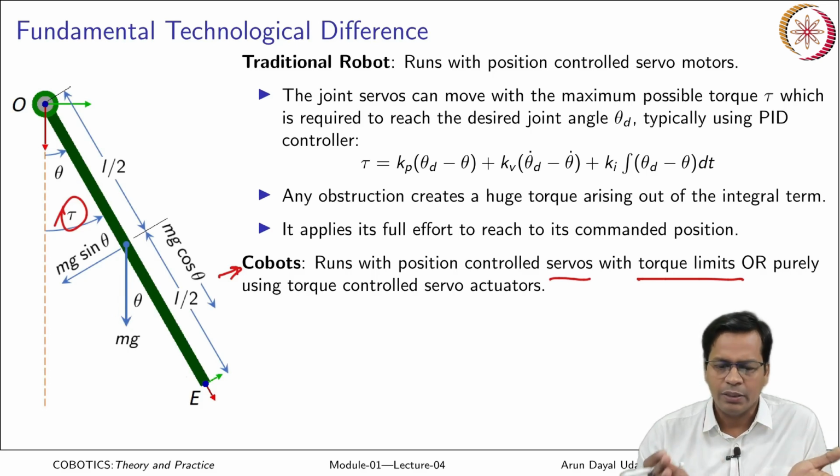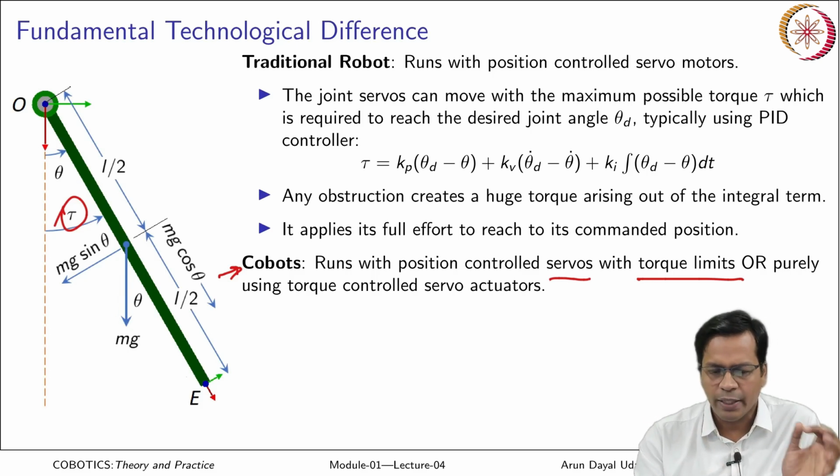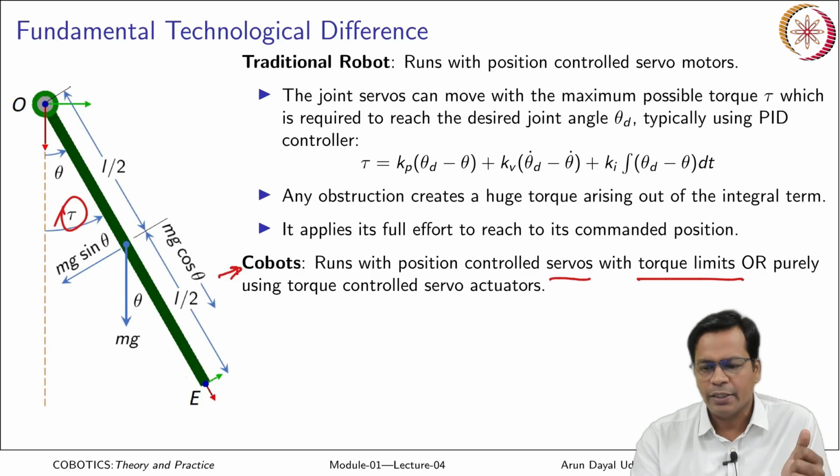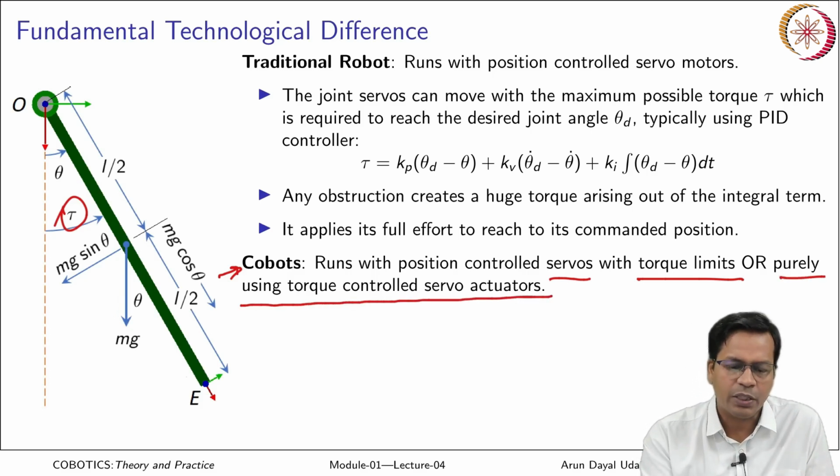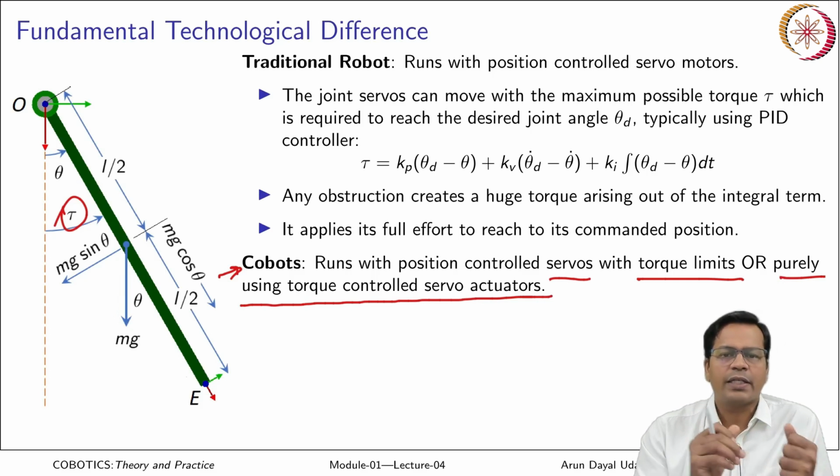With that, it comes to know the actual torque at the joint, and it precisely controls the torque, or sometimes it limits the torque. Both are equally okay, purely using a torque controlled servo actuator. So you can continuously keep track of the torque at the joint and create a closed loop.